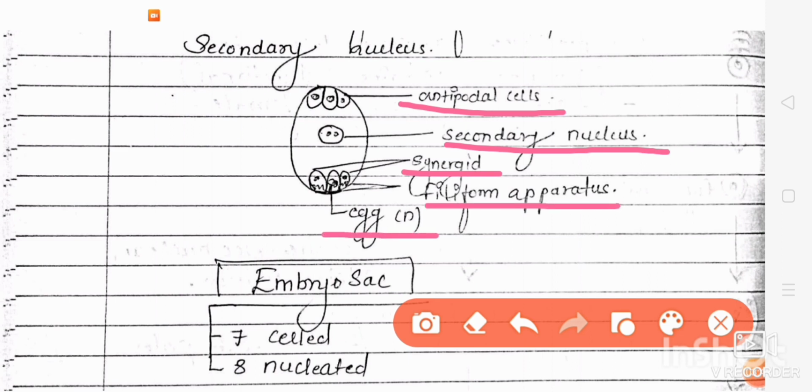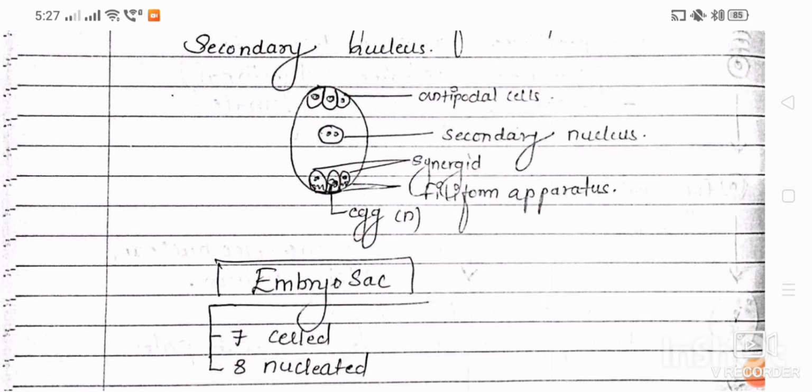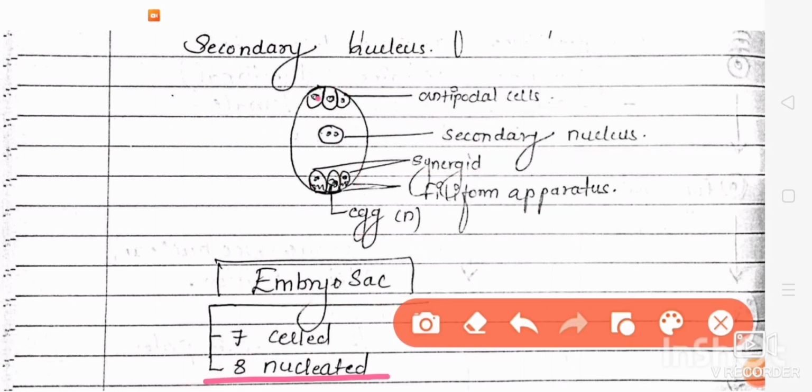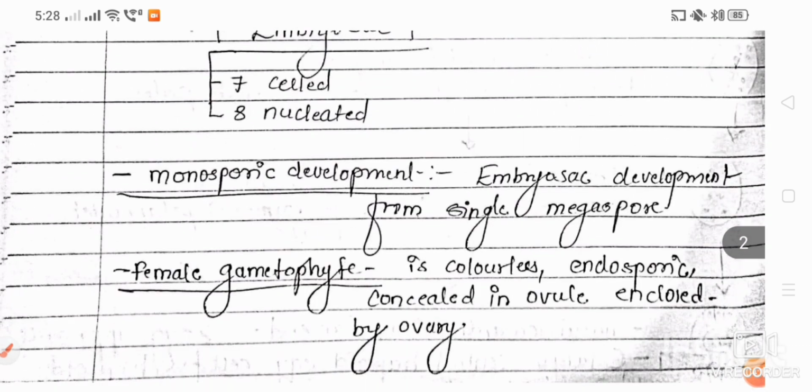So this is the embryo sac which is 7 celled and 8 nucleated. How 7 celled? 1, 2, 3, 4, 5, 6, 7. 7 celled means 7 compartments, and 8 nucleated means there are 1 nucleus, 2, 3, 4, 5, 6, 7, 8. So it is 8 nucleated.